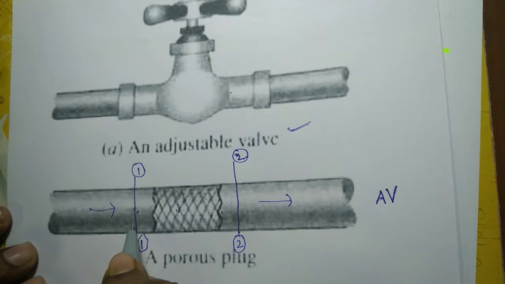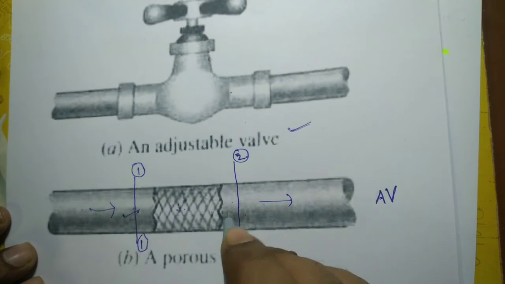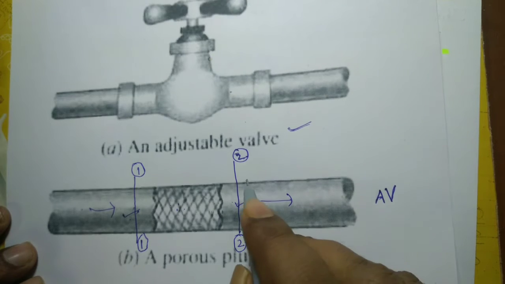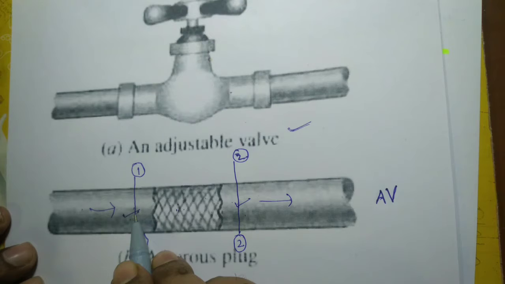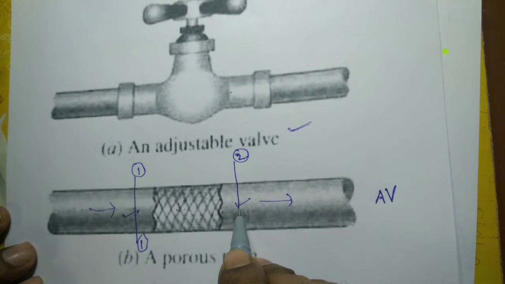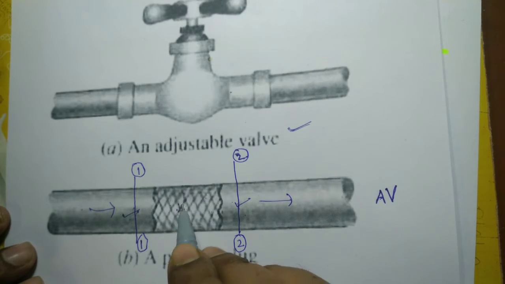Here the area at the upstream side and the area at the downstream side are the same, so the velocity here and the velocity here will be the same. But what about the velocity here? The velocity will be higher here because there is a reduction in area.